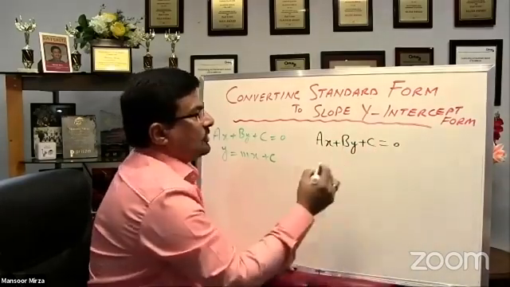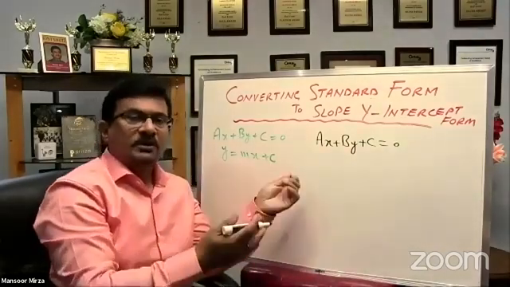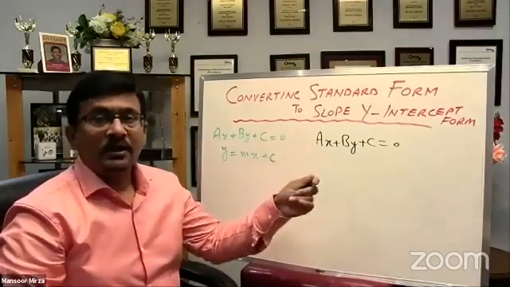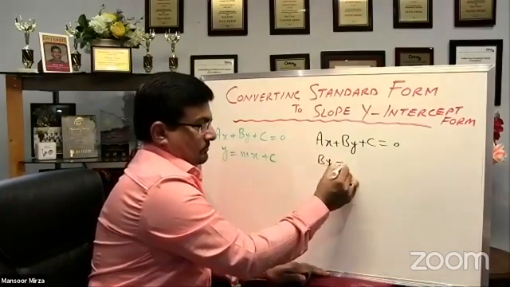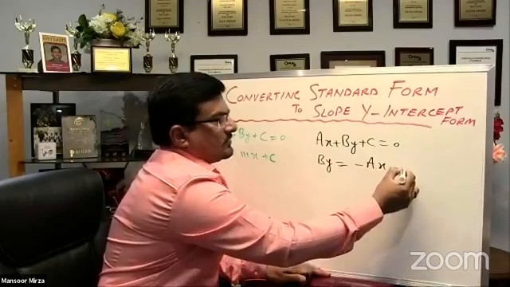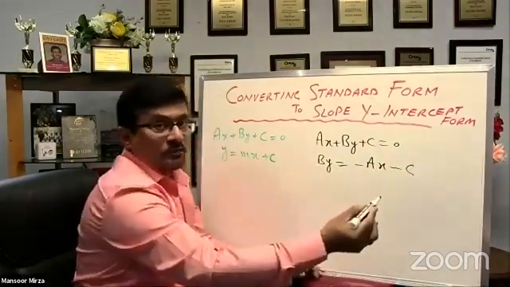I'm going to move c to the other side and ax to the other side. So remember the basic algebraic rules: when we move something from one side to the other side, the signs get changed. So I'm left with by, which will become equal to minus ax minus c, and now I am going to divide the whole equation by b.